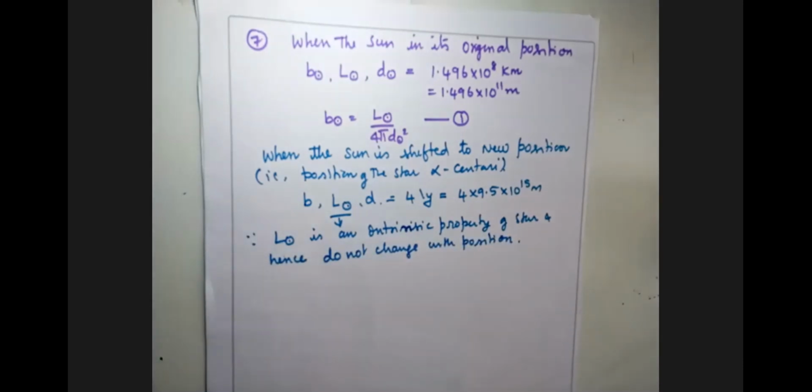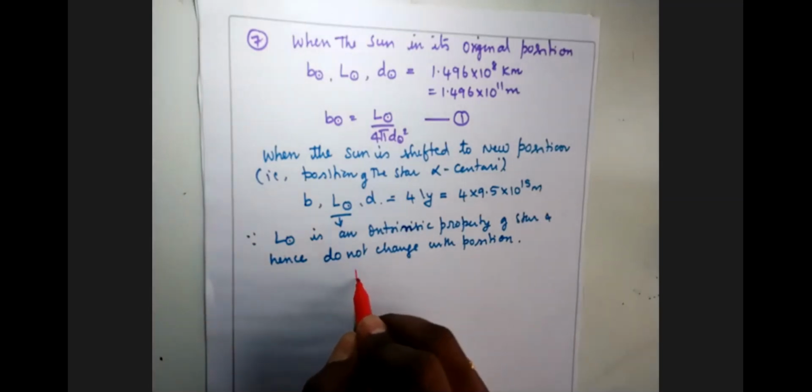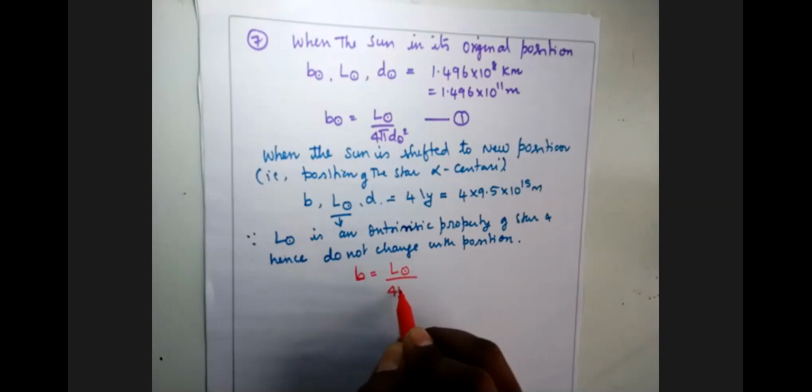As L naught, that is the luminosity of the star, is its intrinsic property, it will not change when the position of a star changes. So the equation corresponding to the new position is B is equal to L naught divided by 4 pi D square. Call this equation 2.